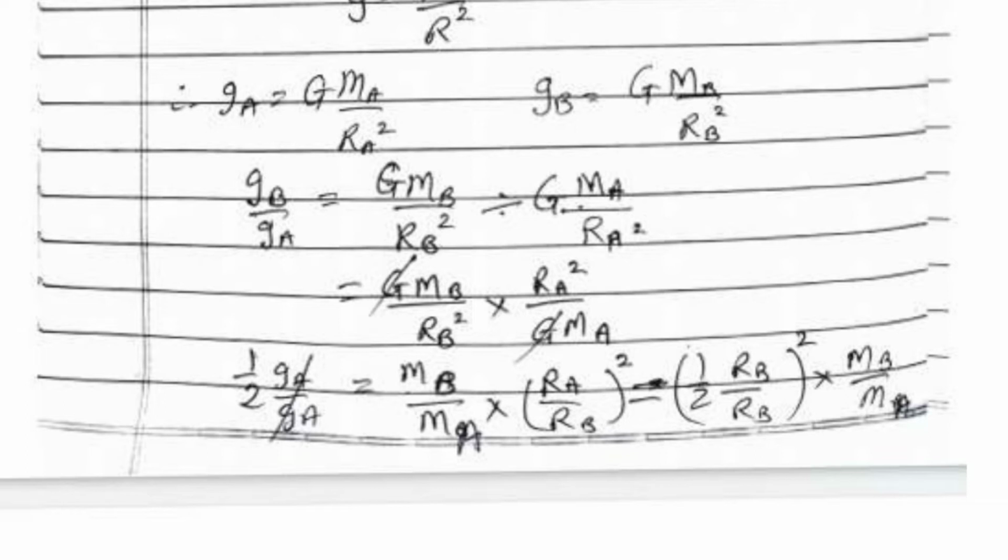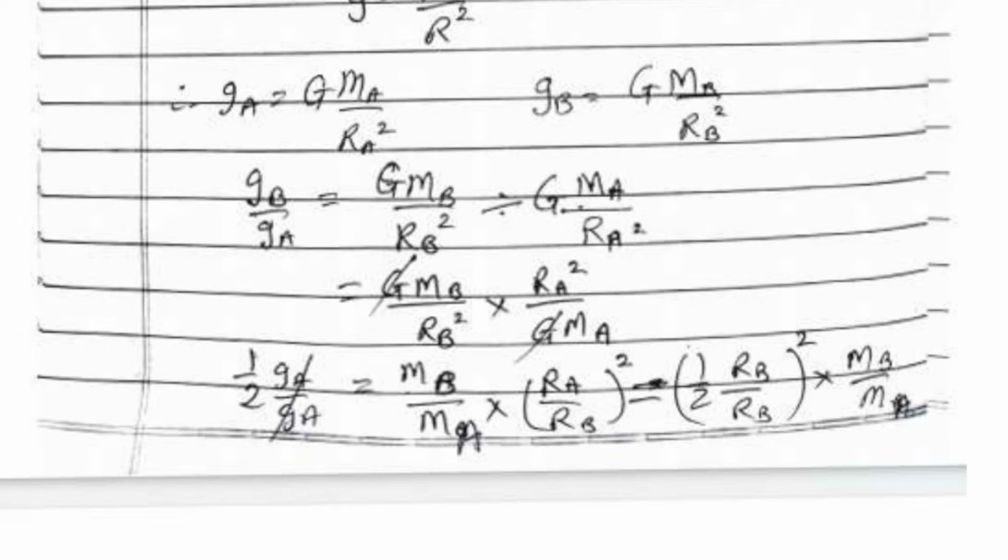So this I will write as it is, and here division I have written as multiplication. Now the numerator will become the denominator and the denominator will become the numerator, because we have taken the multiplication sign, right? So it will be multiplied by RA square upon GMA.